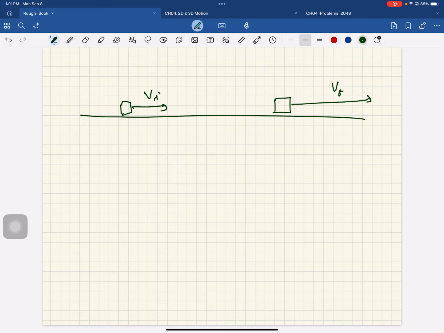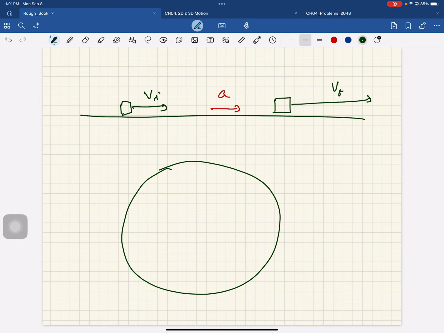Yes. What is happening to the velocity? The magnitude of the velocity is increasing. The direction of the velocity is not changing. So in this case, the acceleration was tangent to the path.